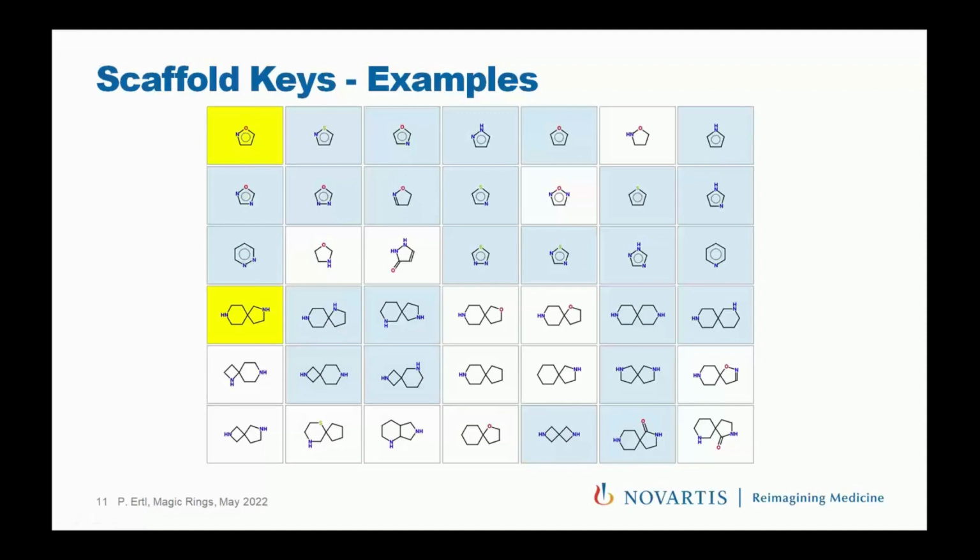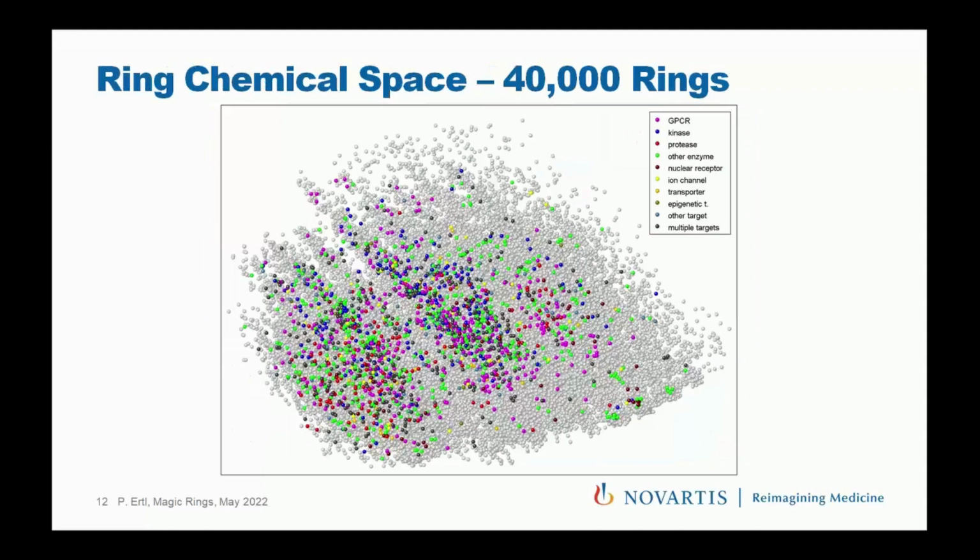So now we have a big data matrix, 40,000 rings characterized by 42 different descriptors, scaffold keys. To visualize the data in 2 dimensions, we need to flatten this data matrix into 2 dimensions. So something like this. This is the outcome of this exercise.